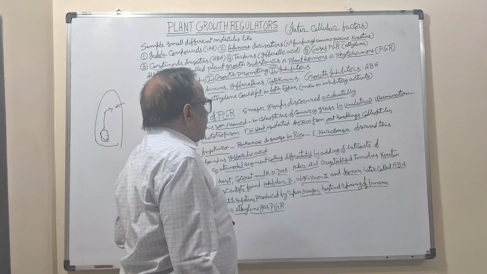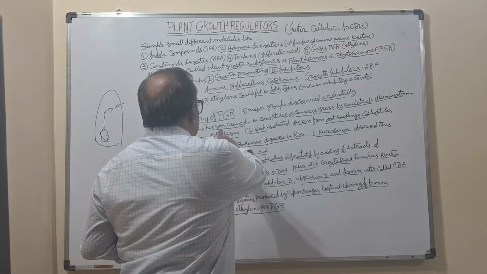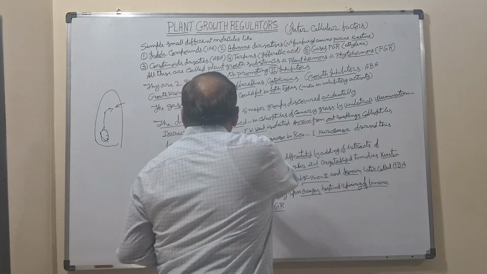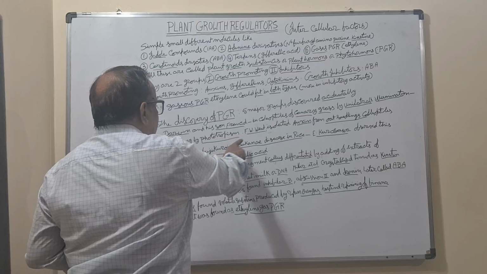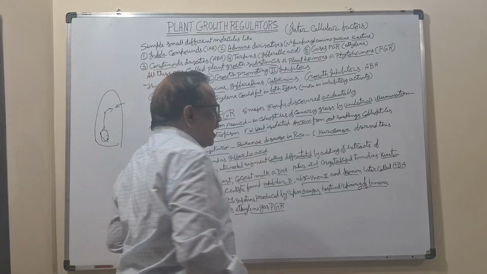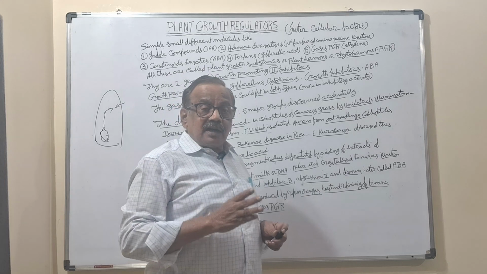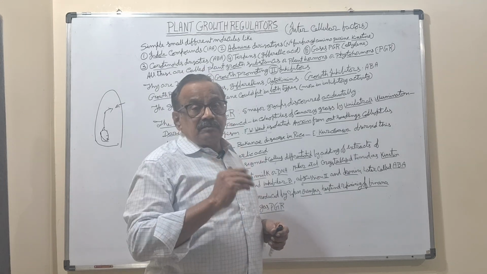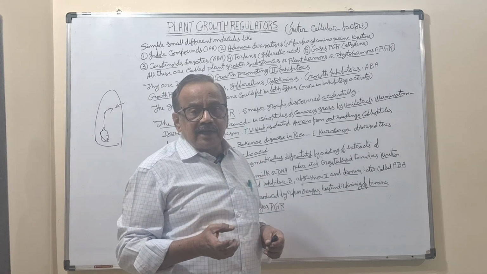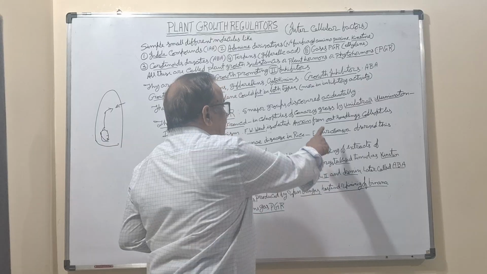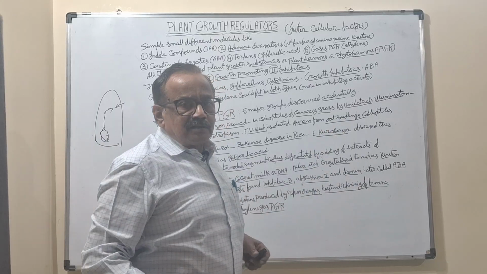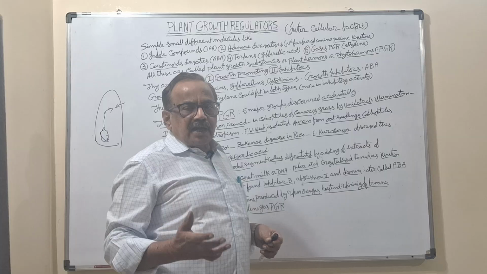And later on, F. W. Went isolated whatever the cause for phototropism in the plant, but in a different plant, the oat seedling coleoptiles.